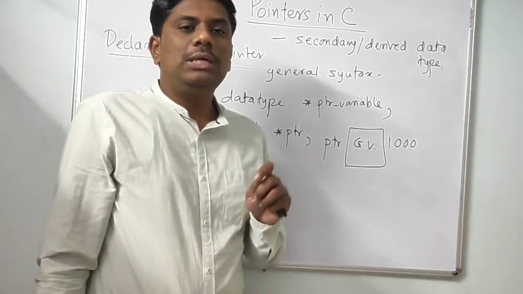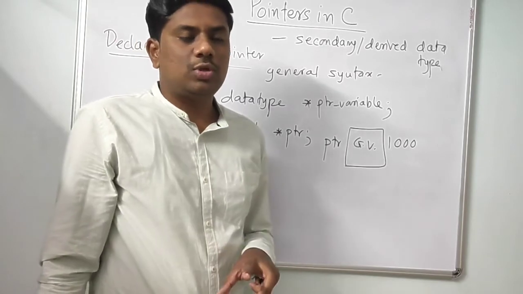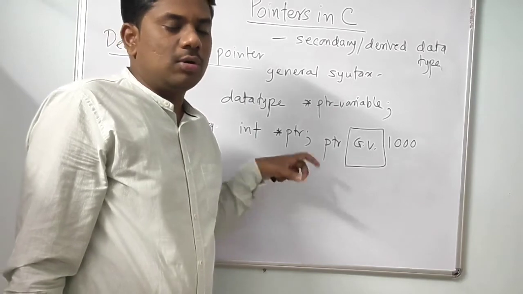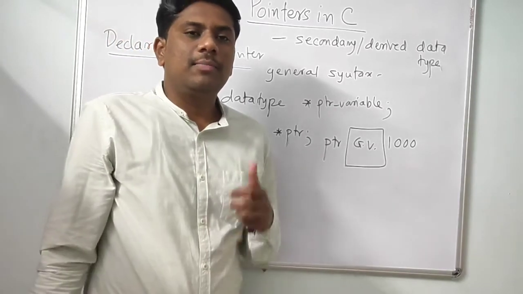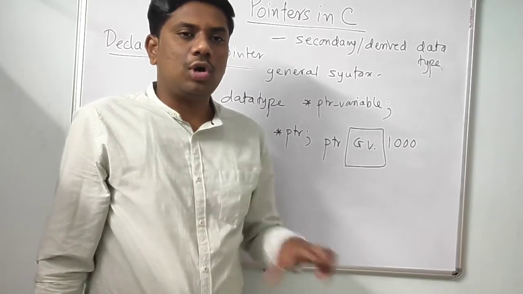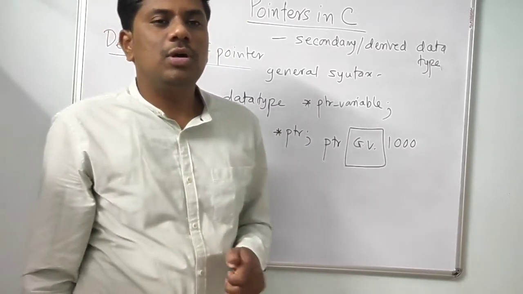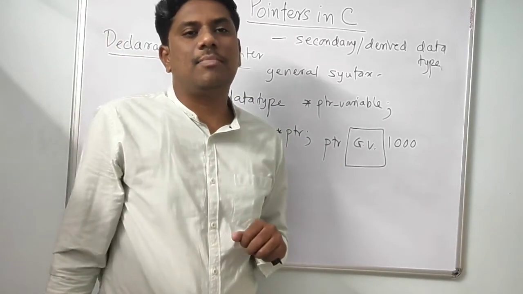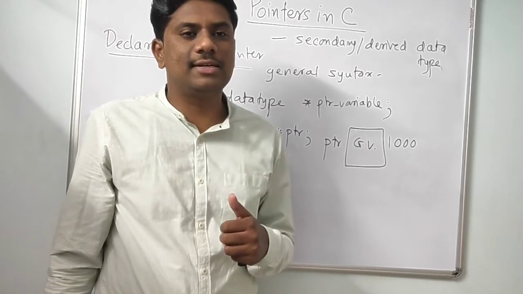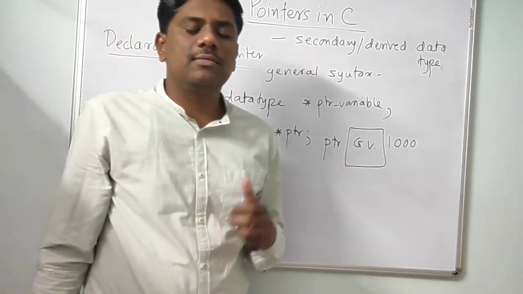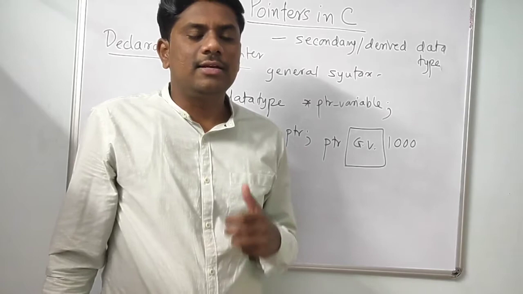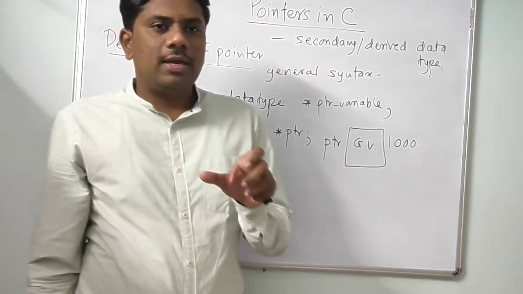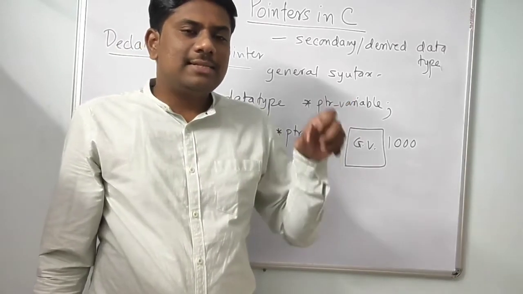If you are working on the TCC compiler, then there are two options: 2 bytes for all types of pointer, or there may be a possibility of 4 bytes for all types of pointer. That depends upon which memory model you are using. There are 6 models in the TCC compiler: tiny, small, and compact.